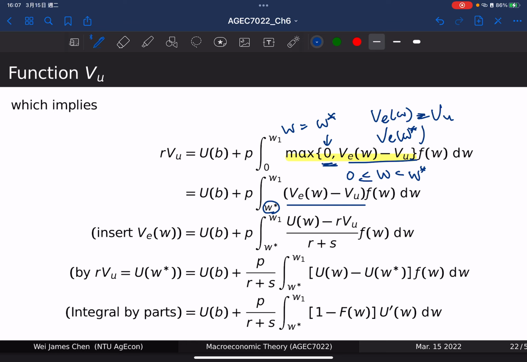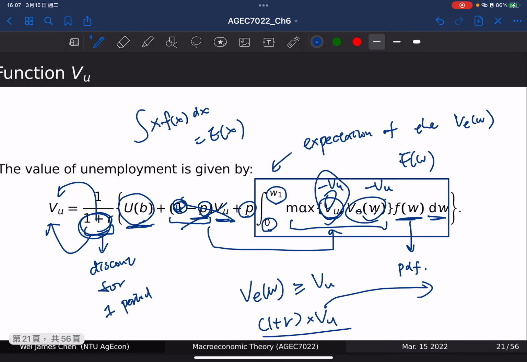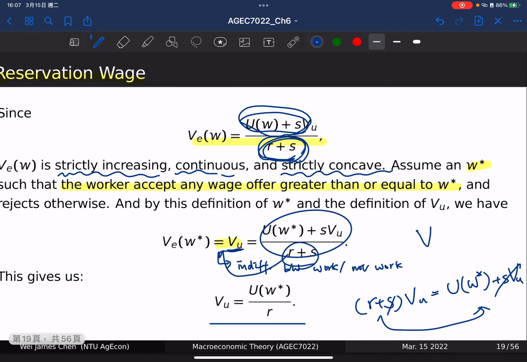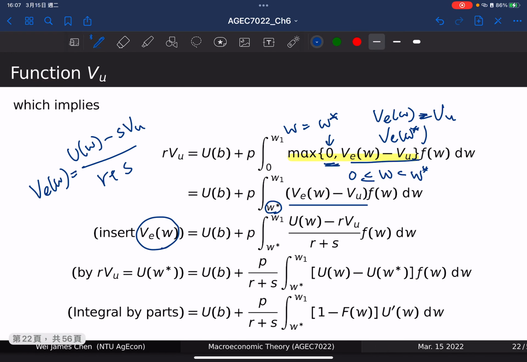Okay, and remember VEW is what? r plus s over u of W plus SVU, sorry. I have the VE of W here, right?